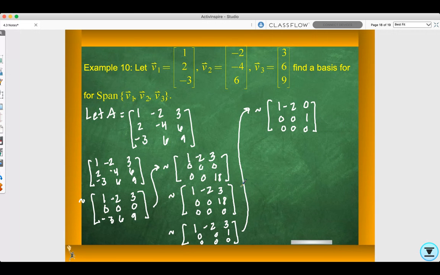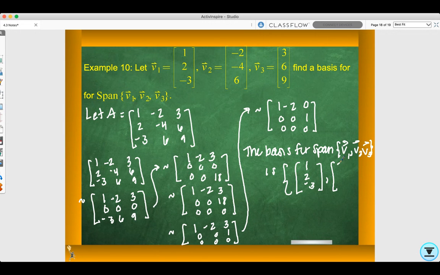So now I have this here. And since I have a pivot column in row 1 and a pivot column in row 3, the basis for the span of V1, V2, V3 is V1 and V3. Because my pivot column in row 1 corresponds to V1, and my pivot column in row 3 corresponds to V3.